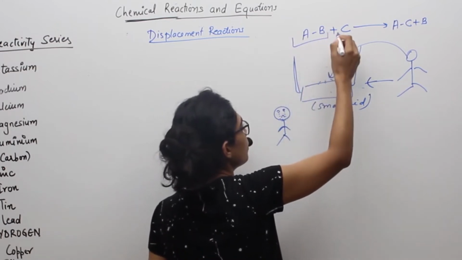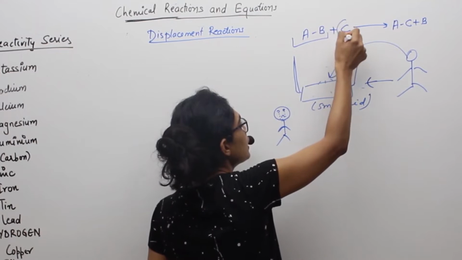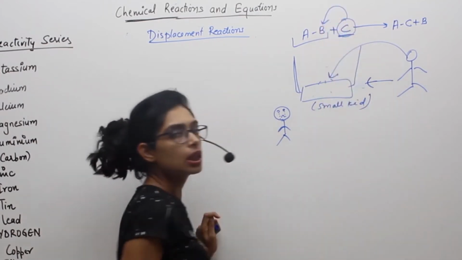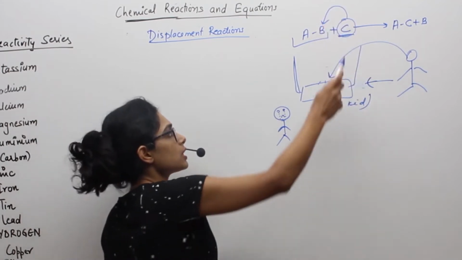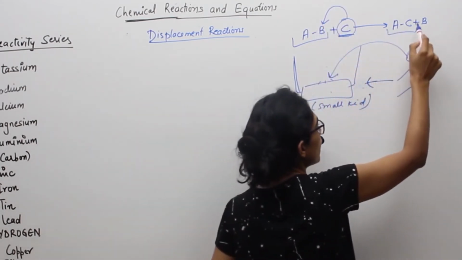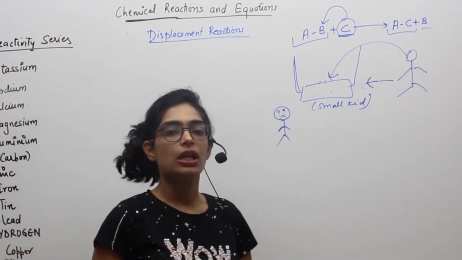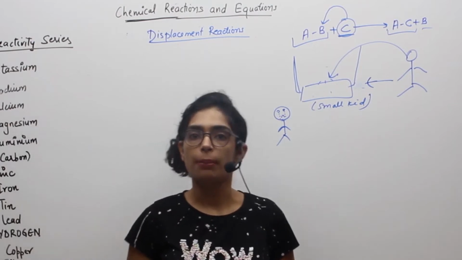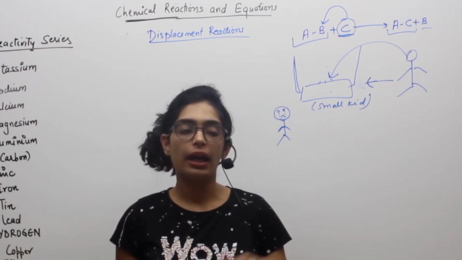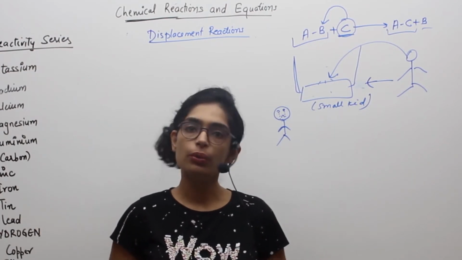Let's say I've taken AB, and there is a C, and we are taking C as a much stronger element than B. Then what will happen? C will kick out B from A and form the bond, that is AC and B. This is called displacement. So basically, a stronger element or stronger metal kicks out the weaker metal, takes its position, and forms the new compound.